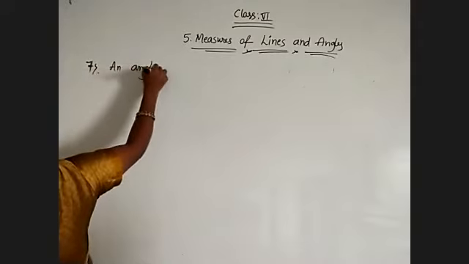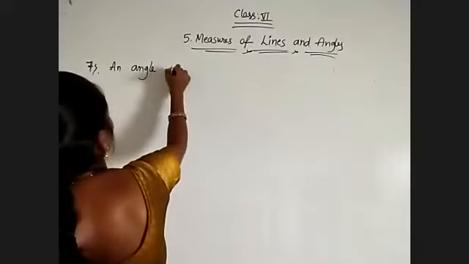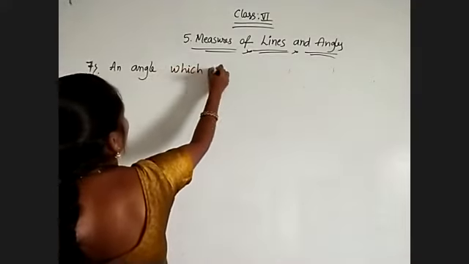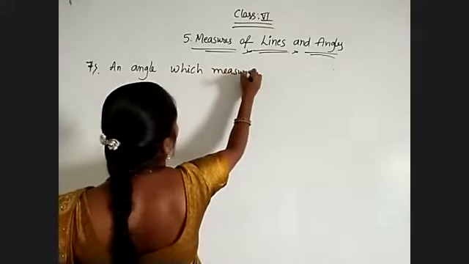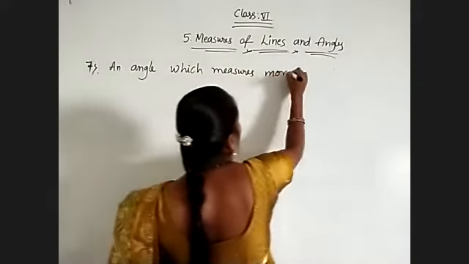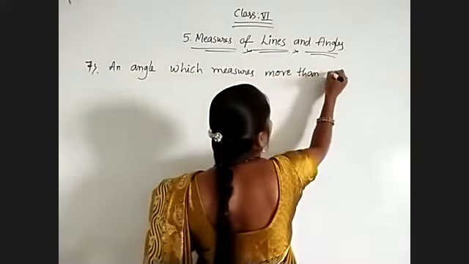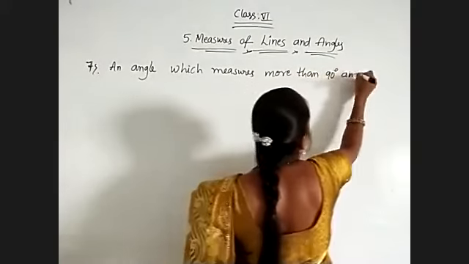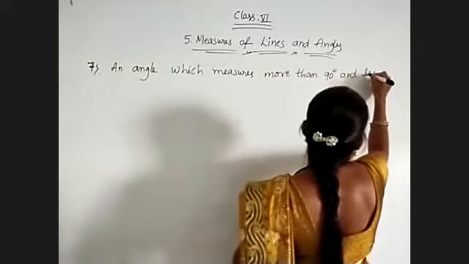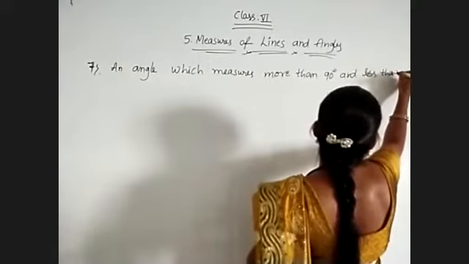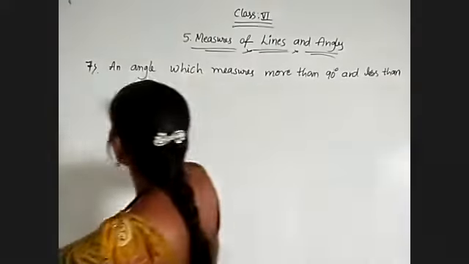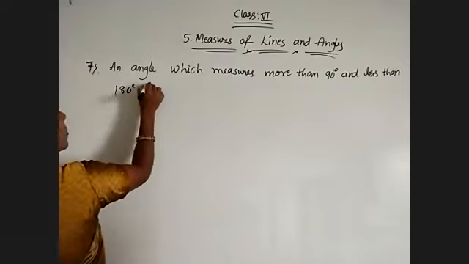An angle which measures more than 90 and less than 180 degrees is called dash.